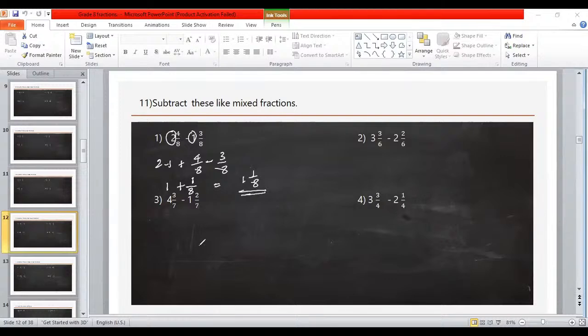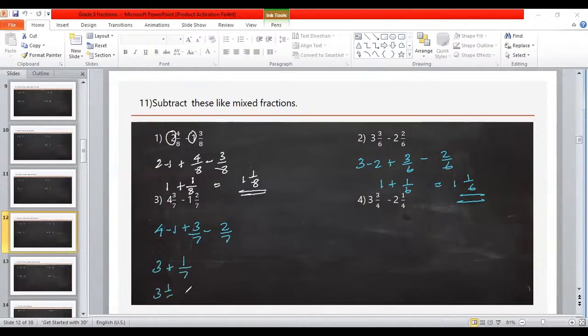This way you can do it, right? Here also like mixed fractions. So 3 minus 2 plus 3 over 6 minus 2 over 6. 3 minus 2 is 1 plus 3 minus 2, 1 over 6. 1 and 1 over 6. 4 minus 1 plus 3 over 7 minus 2 over 7. 4 minus 1 is 3 plus 3 minus 2, 1 over 7, 3 and 1 over 7.